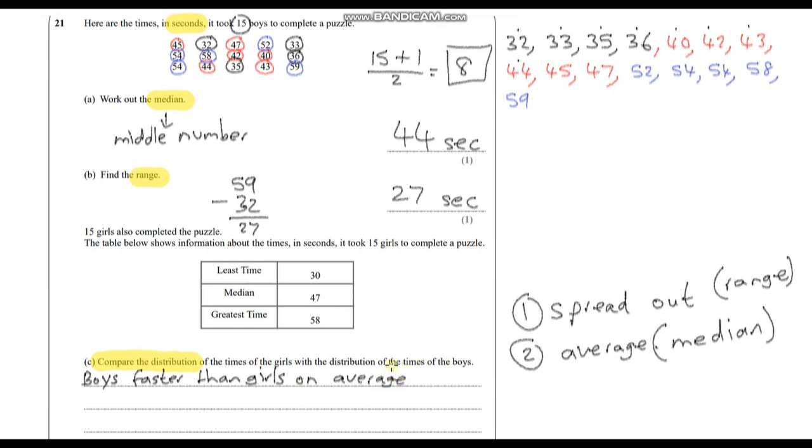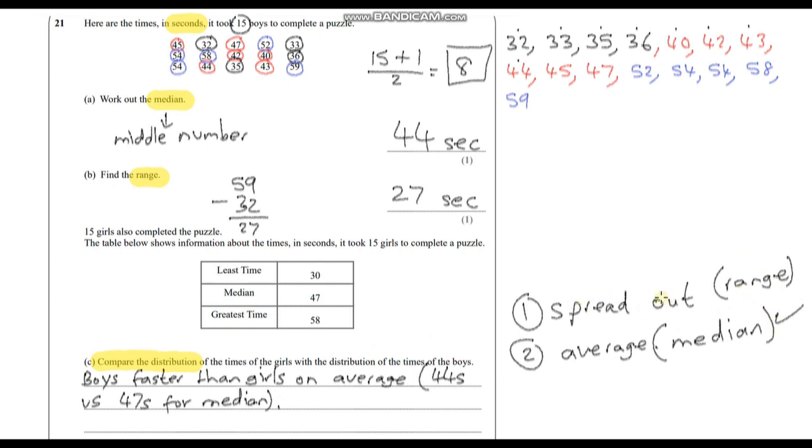And then we need to write down the values. So in brackets, 44 seconds versus 47 seconds for the median. And so we've done the average.